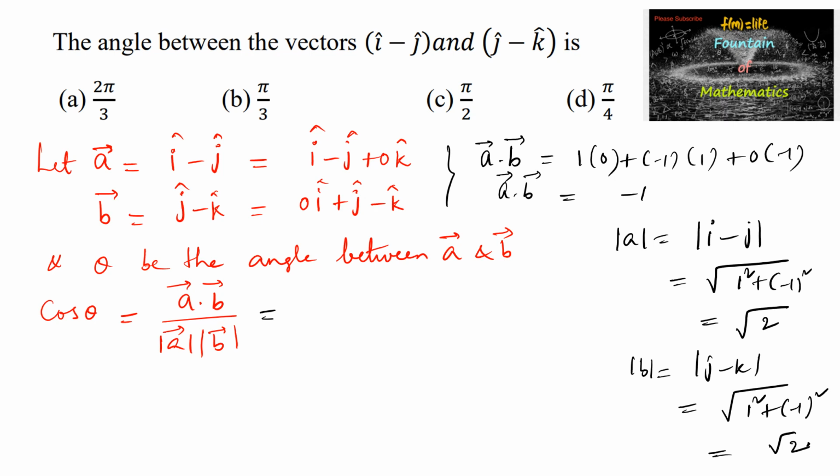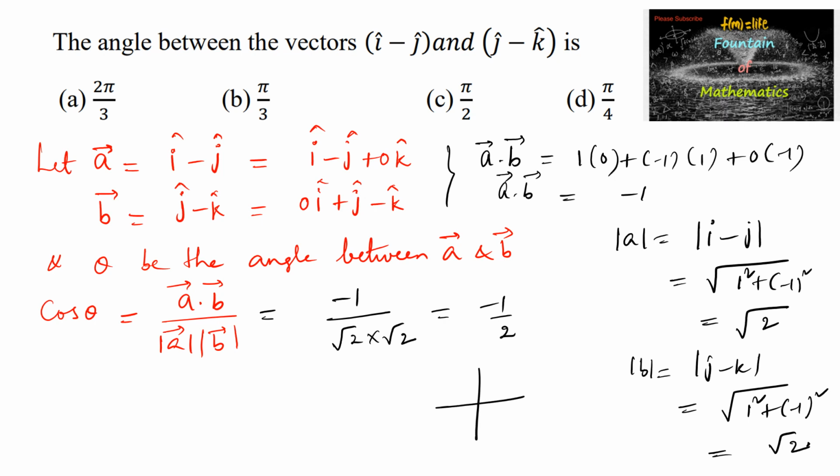So we can write cos theta is equal to A dot B, that is negative 1, divided by mod A, which is root 2, into root 2. So which is minus 1 by 2. So cos theta is equal to negative 1 by 2.